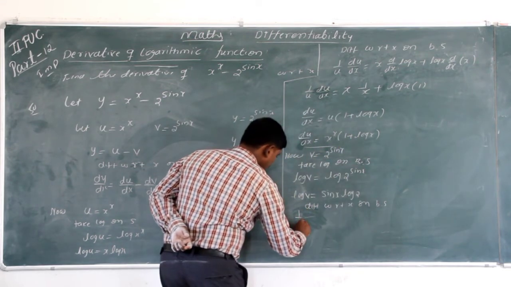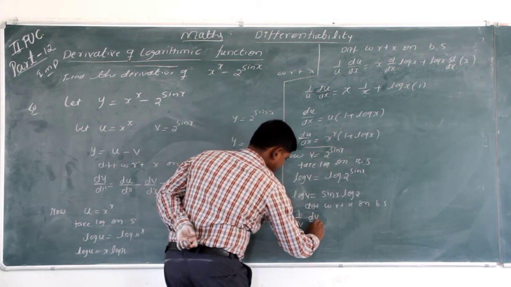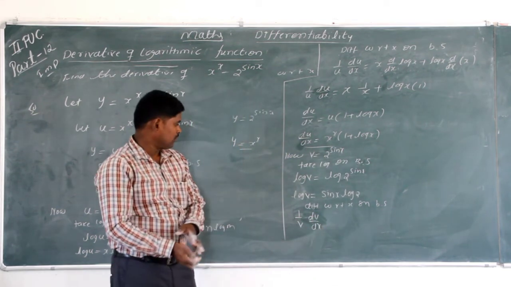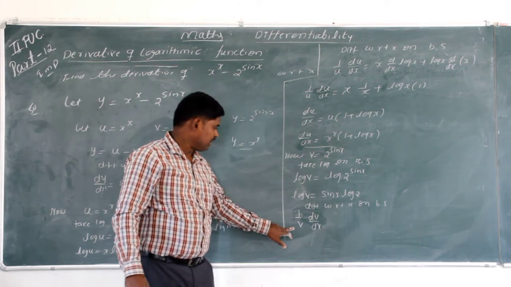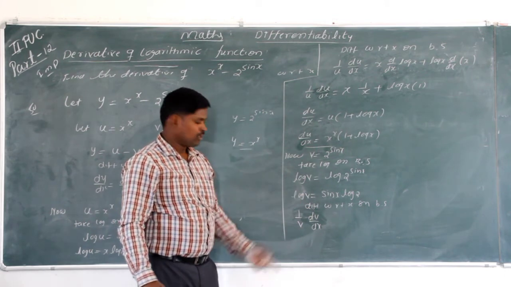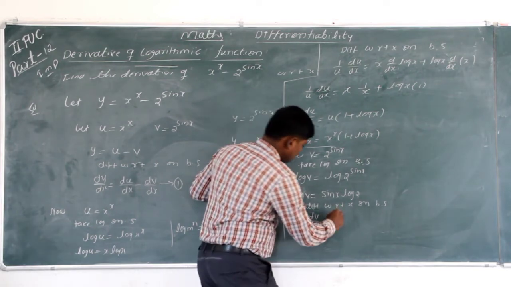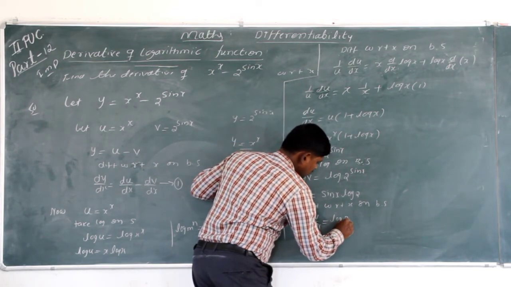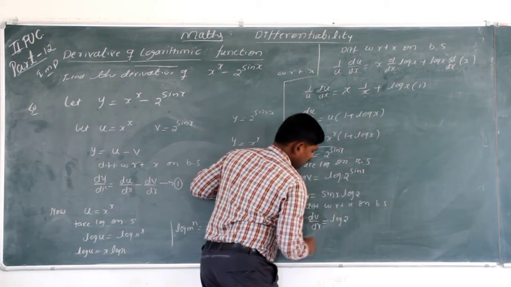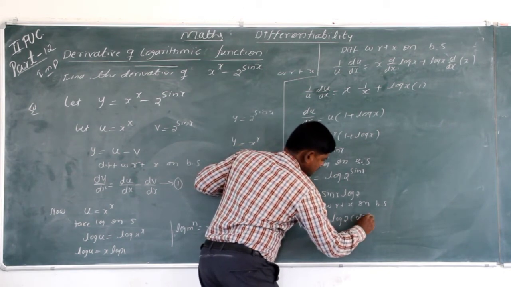Then we get 1 by v into dv by dx. So the derivative of log v is 1 by v into the differentiation of v, that is dv by dx. Here log 2 is constant, so keep it as it is, into the derivative of sin x, which is cos x.